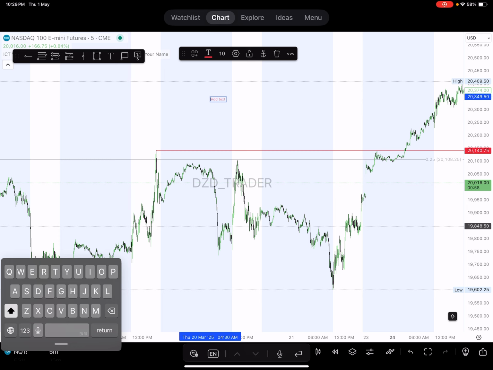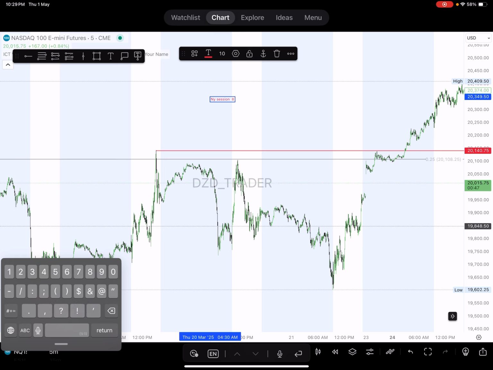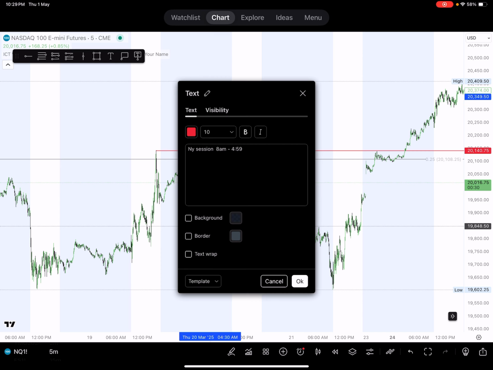New York session is from 8 a.m. to 4:59 p.m.